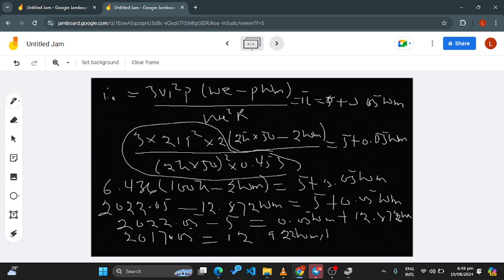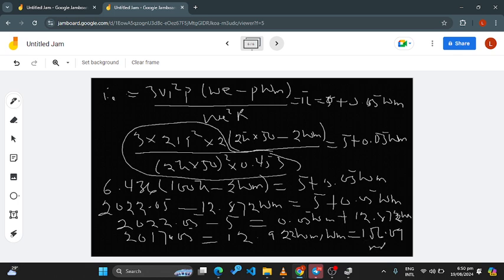So what will be omega m? We get 156.09. So this should be the mechanical speed, in rad per second.